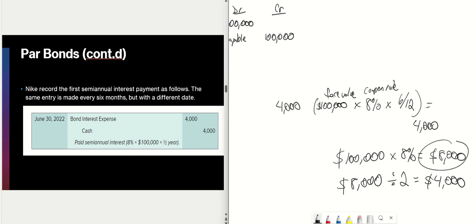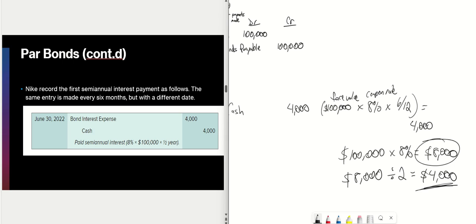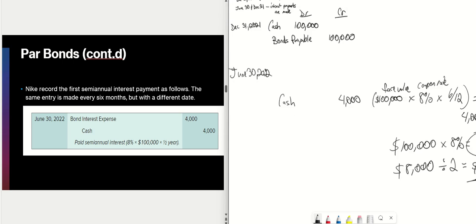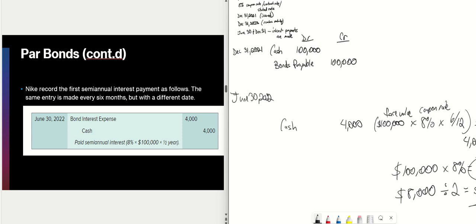Because this $8,000 represents 1 year, $4,000 is going to represent you making the payment twice in 1 year. However way you want to do it, or record or determine what the interest is going to be on a par bond. All right. So a cash payment was made for $4,000 on June 30th, 2022.